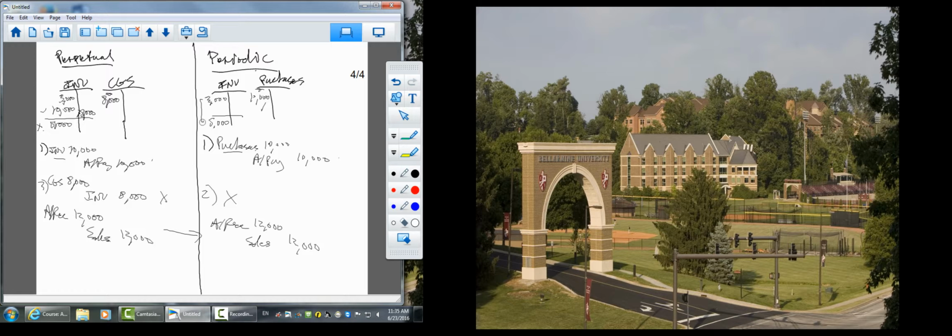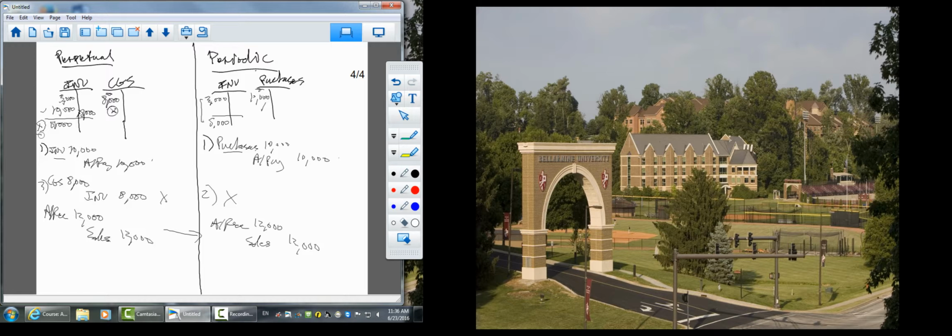First, on the perpetual side, this $8,000 right here is that $8,000, and we're just fine, aren't we? And the rest of it is the beginning inventory plus the purchases less the cost of goods sold is the ending inventory. And we put the ending inventory on the balance sheet, don't we? You guys good with that? So this $8,000 is an expense account, and the rest of it is balance sheet stuff, really.